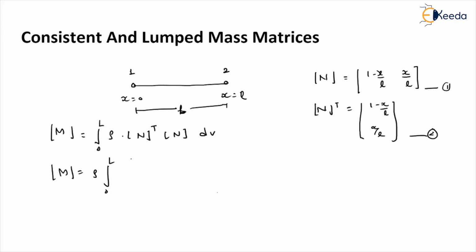Instead of dV, we write dx into area A. First matrix is written here column wise, 1 minus x by L and x by L, into 1 minus x by L, x by L.